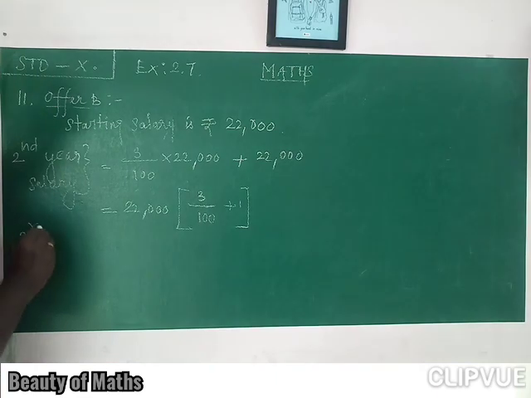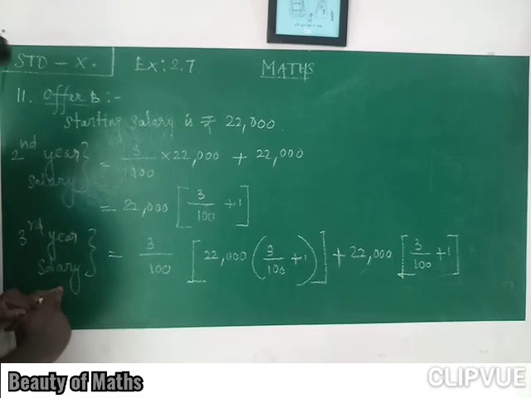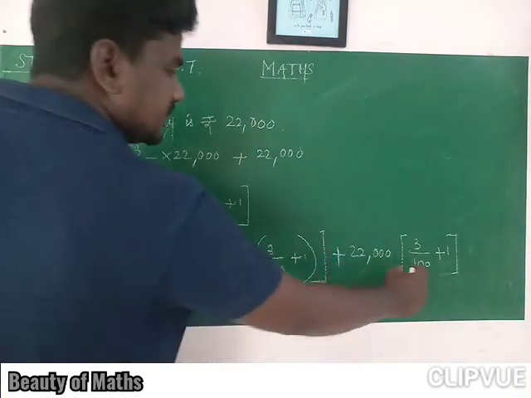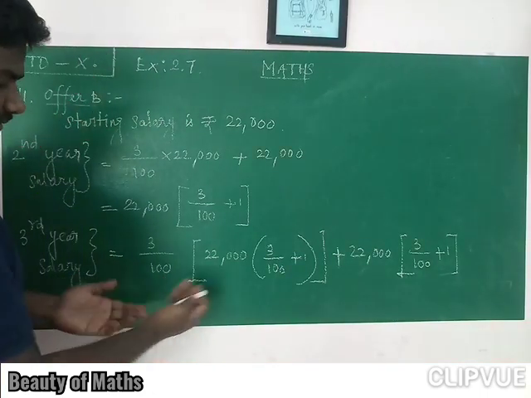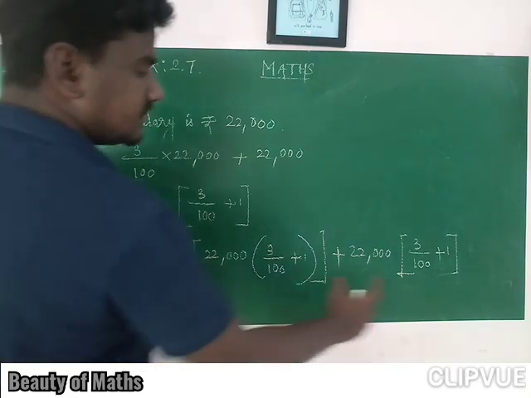So third year salary is equal to 3% of this amount plus this amount. So we can write it like this: 3 by 100 of this one plus this one. Here this is the common factor.